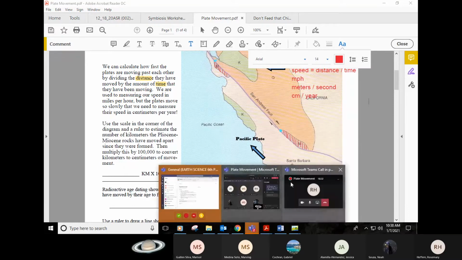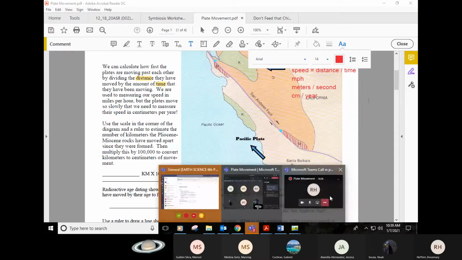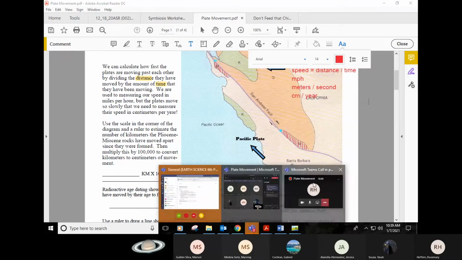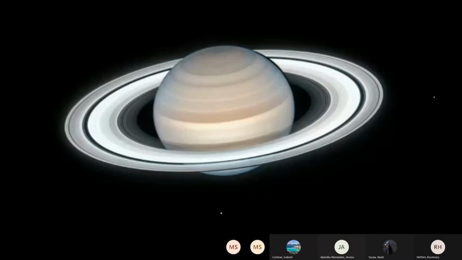So I'm going to turn off my sharing of the screen. Come on. And are you seeing my computer screen now? Oh no, because I have the background turned on. Let me turn off the background.